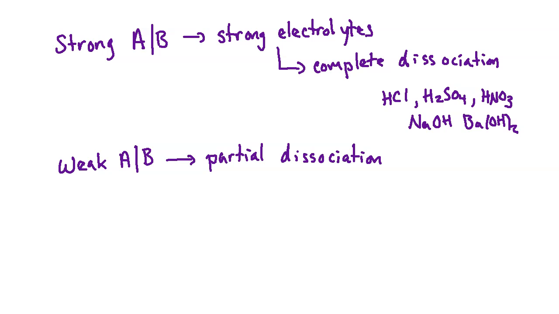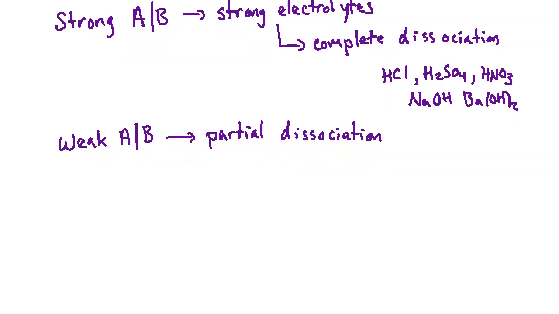An example of a weak acid would be acetic acid, the type that you find in vinegar. Acetic acid, the very basic carboxylic acid, looks like this, and it's going to go into equilibrium with its dissociated form, which would look like the resonance stabilized carboxylate ion.